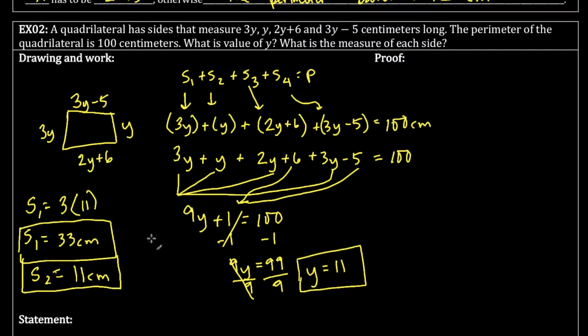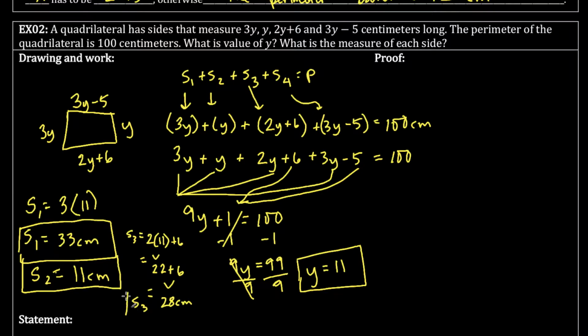Side 3 is 2y plus 6, so 2 times 11 plus 6. 2 times 11 is 22, plus 6 is 28 centimeters.